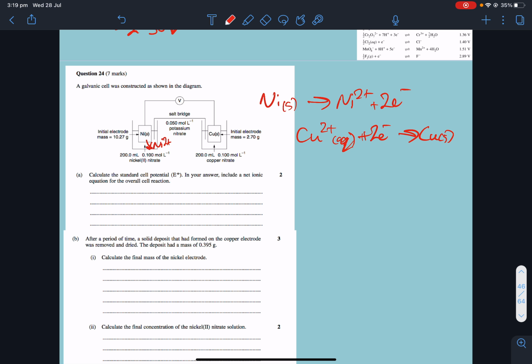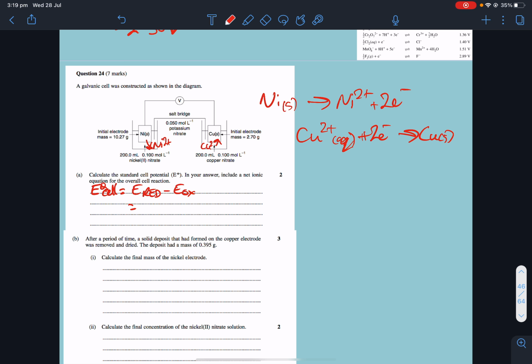One day they're going to do one where they don't put it around the right way, and they're going to try and trick you. And so here we've got copper 2 plus going to copper solid, and they're using a copper electrode. So calculate the potential difference. So our reduction minus our oxidation.